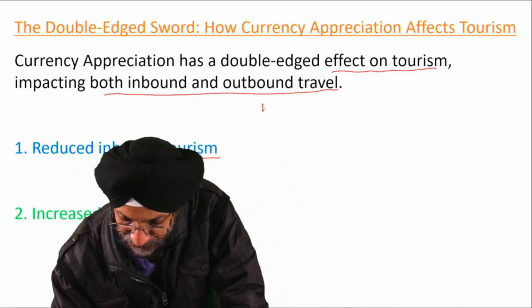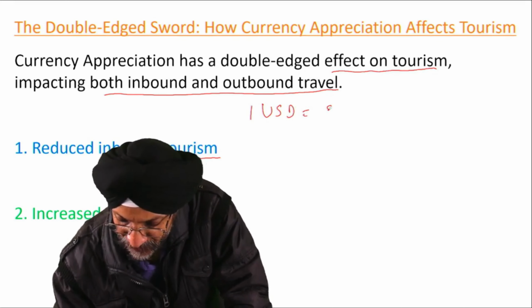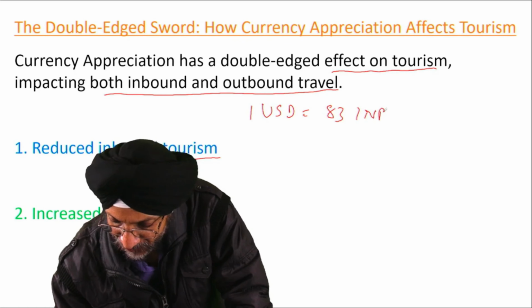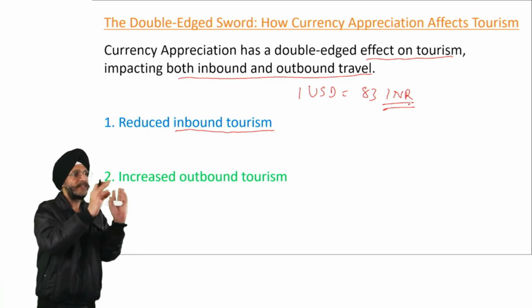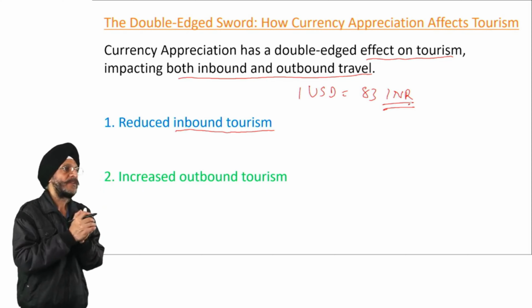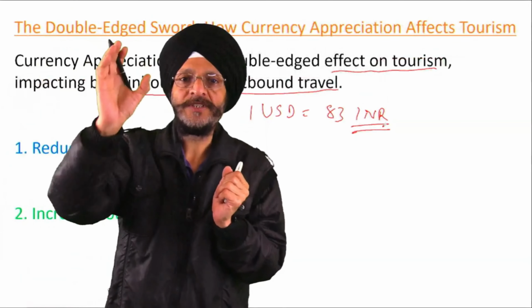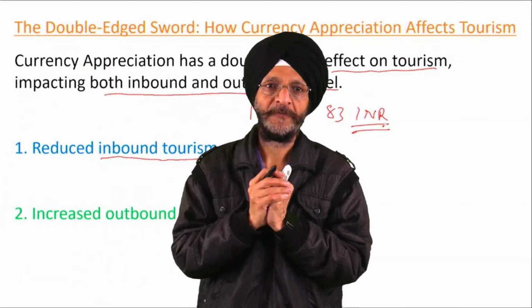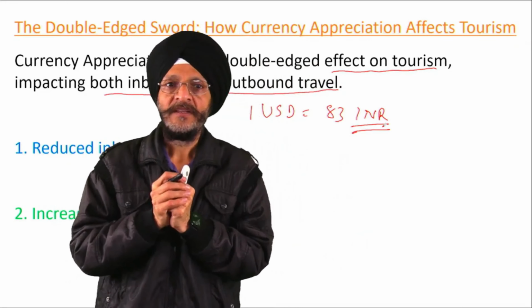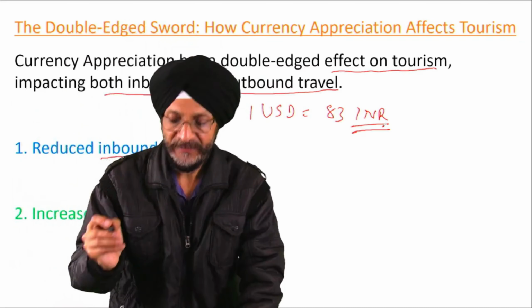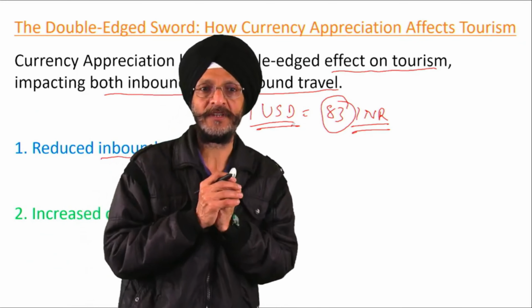Suppose $1 is equal to 83 INR. INR is Indian rupee. We are living in India. We are taking the example of USA and India. Suppose tourists from USA are visiting India. If they visit India, they will get 83 rupees in exchange for $1.